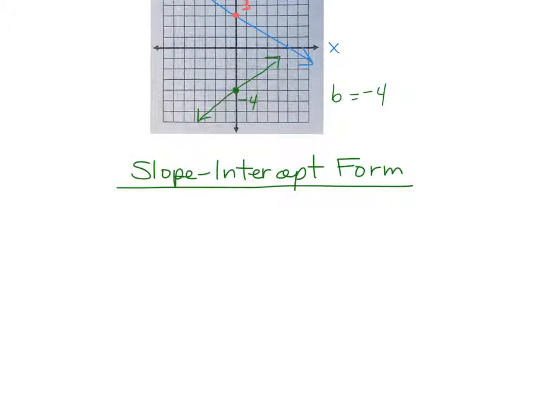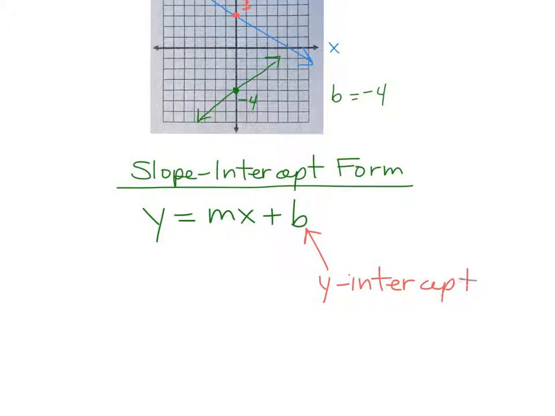There might be slight variations, but slope-intercept form looks like this: y equals mx plus b. Okay, what did we say b was? The y-intercept. So every single time in our equation, this is going to be the y-intercept. Okay, anyone know what the m is? It's the slope, okay? m will always be the slope.